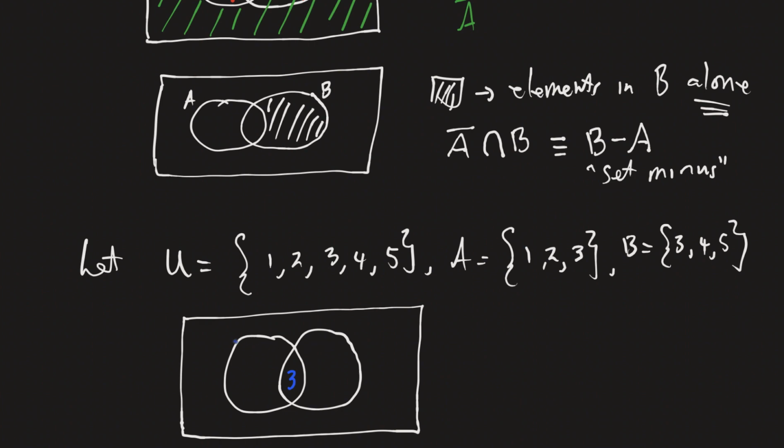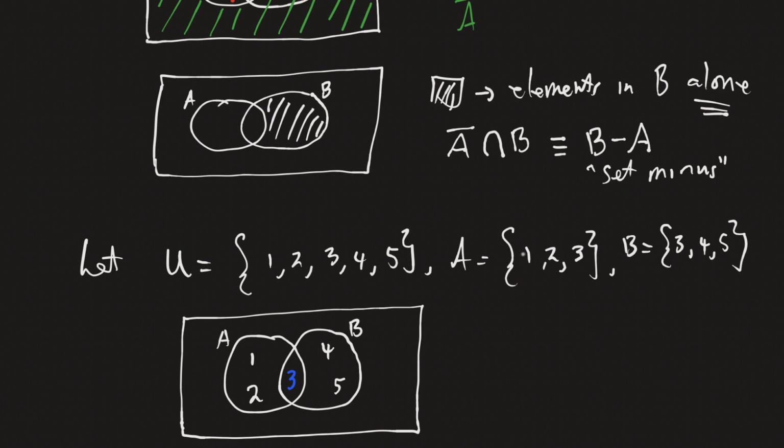And then I didn't label it, so let me go ahead and label it. Let's label this A and B. Let's now indicate the elements in this Venn diagram where they're only in A. So that's 1 and 2. And then let's do the same thing for B, 4 and 5.